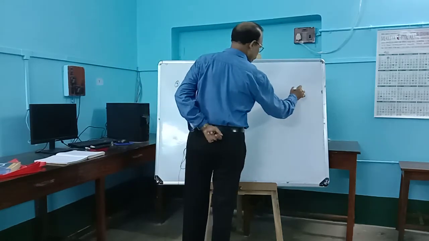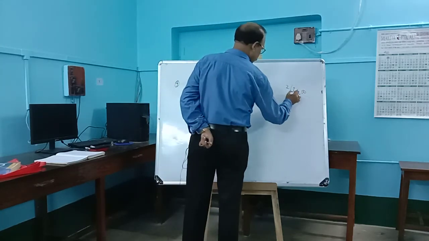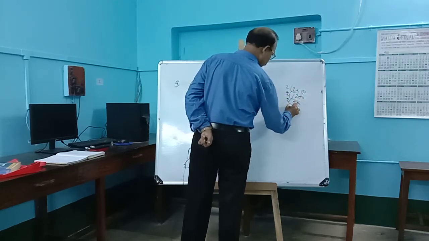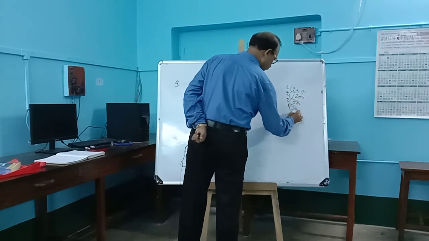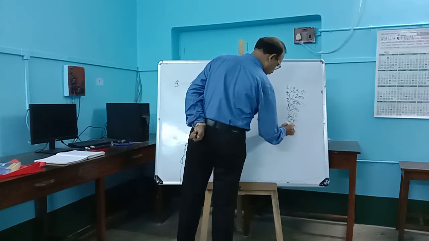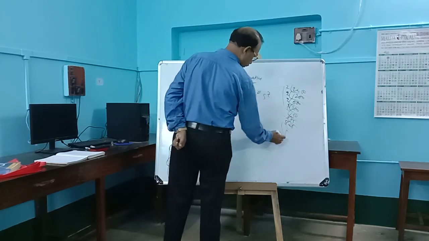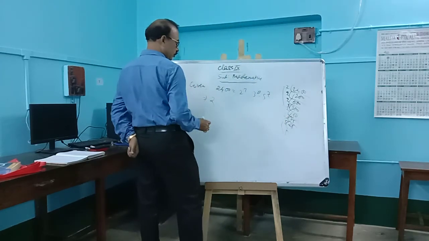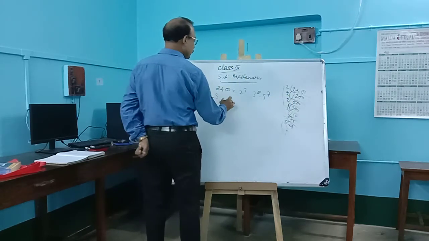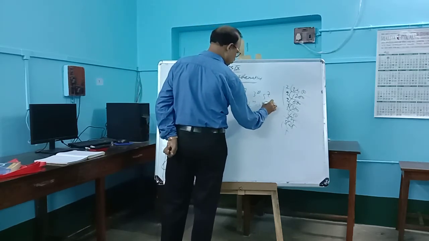2400, we have to factorize. 2 into 1200, 2 into 600, 2 into 300, 2 into 150, 2 into 75, 3 into 25, 5 into 5. So 2 to the power 5 into 3 to the 1 into 5 square equals 2 to the x into 3 to the y into 5 to the z.